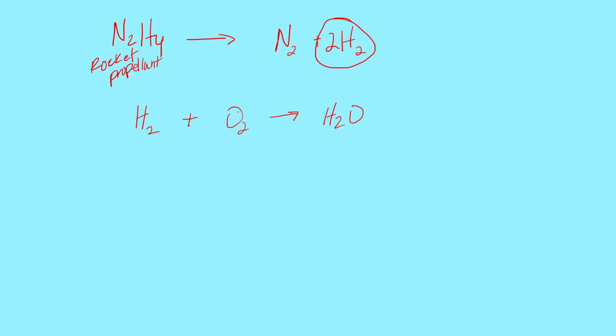So we'll go ahead and balance this one also. I have 2 hydrogens, 2 hydrogens, 2 oxygens, and just 1 oxygen. So over here on the right, I'll double this, which means I'm going to double this. So he took this hydrogen and he used it to create water. Now, this is called a combustion reaction because of the presence of that oxygen there in the reactant side.